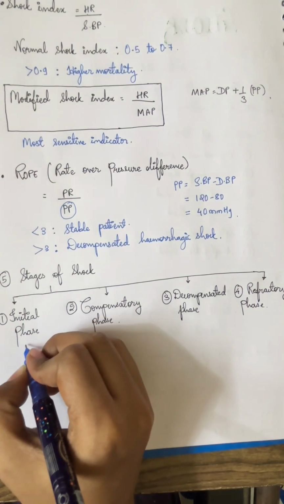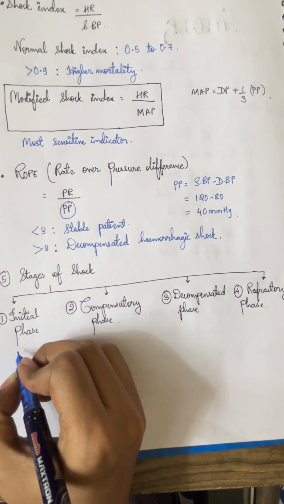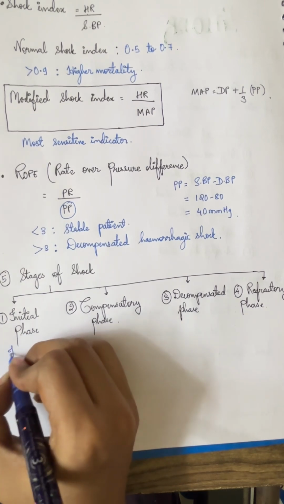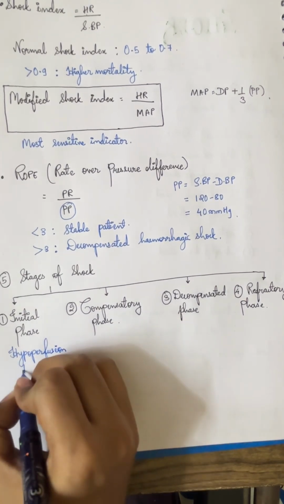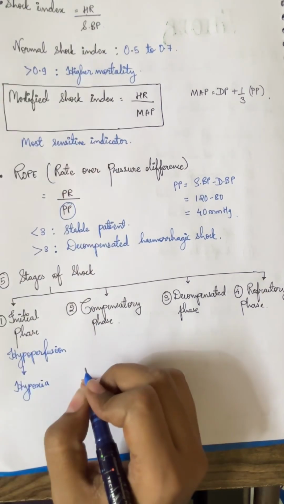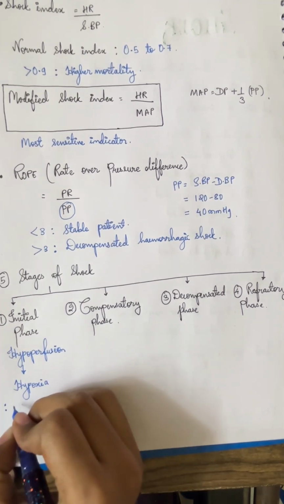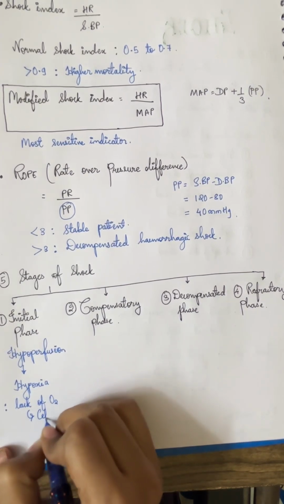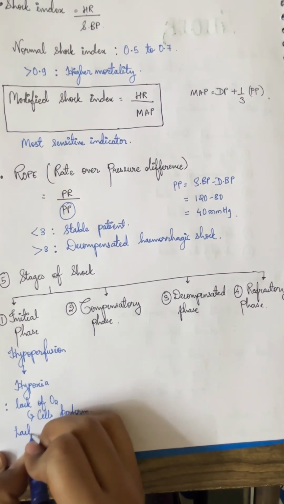The cells receive less oxygen, which leads to hypoxia, and due to the lack of oxygen, the cells perform lactic acid fermentation.